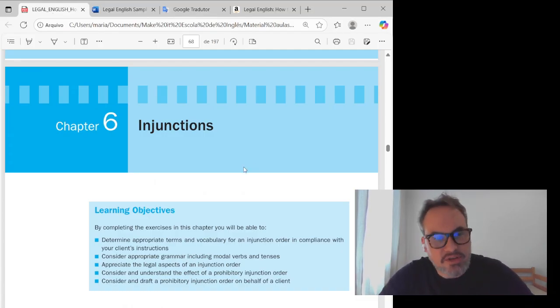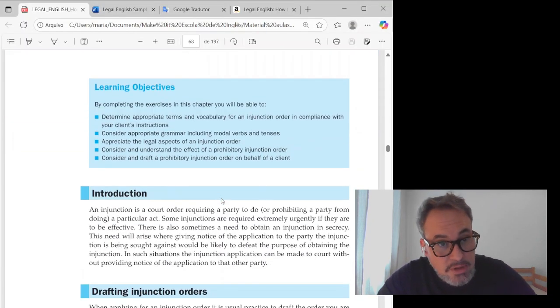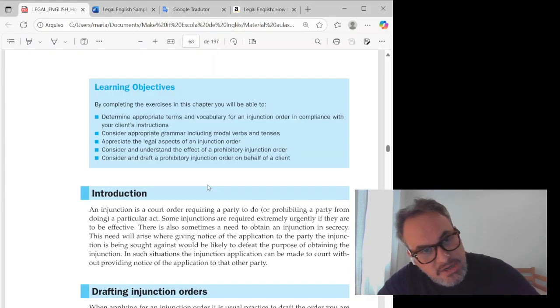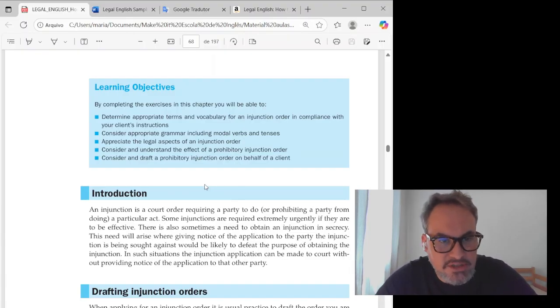First of all, talking about injunctions, we have the learning objectives here, which are the first one: determine appropriate terms and vocabulary for an injunction order in compliance with our client's instructions.